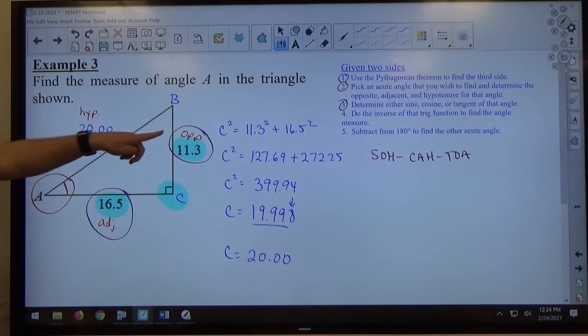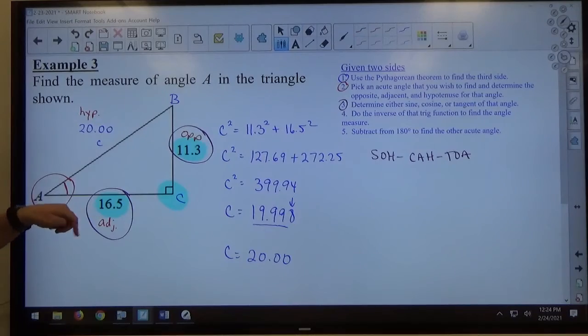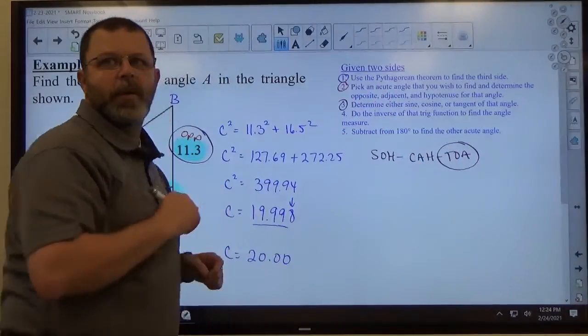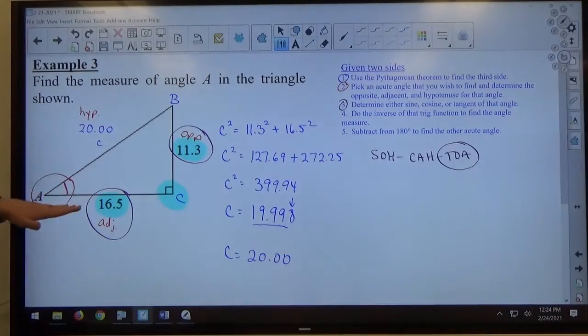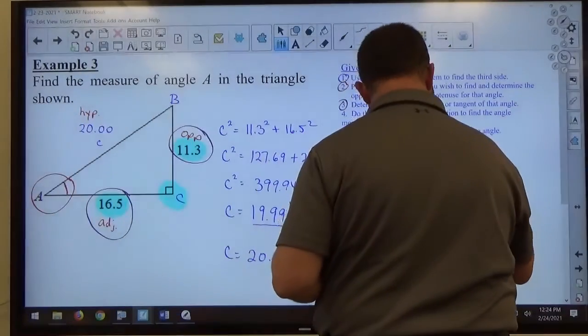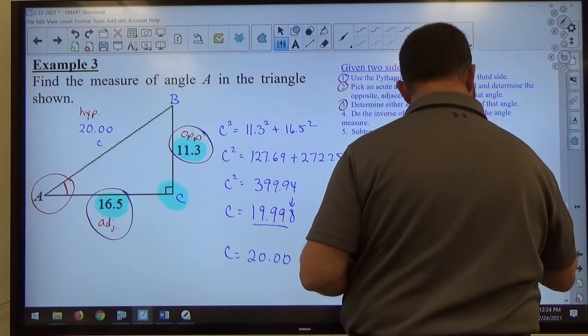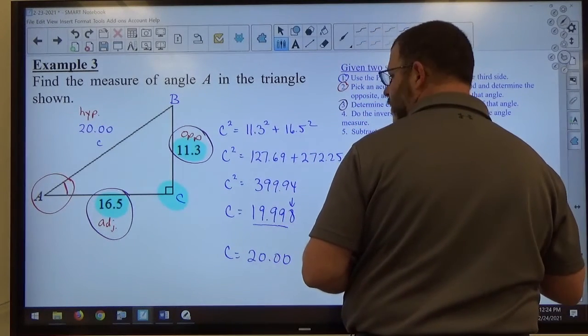So the exact numbers I know are the opposite and the adjacent, and the opposite and adjacent belong to the tangent. So if I write a trig ratio just for tangent in this particular case, I'm going to get tangent of A equals 11.3 over 16.5.